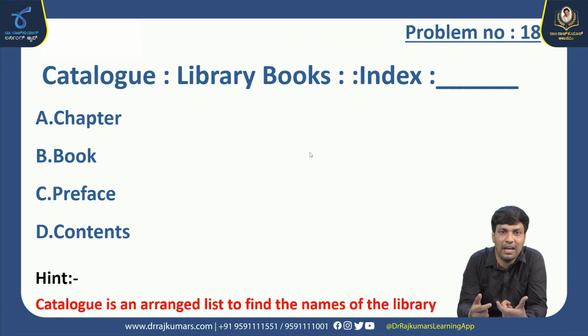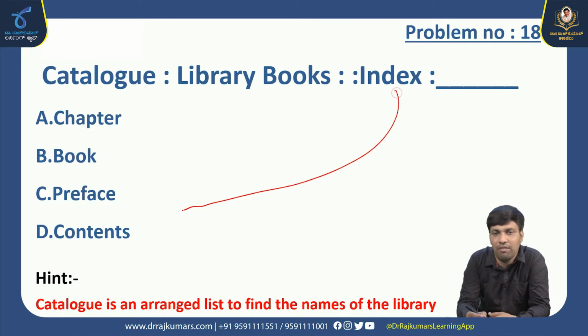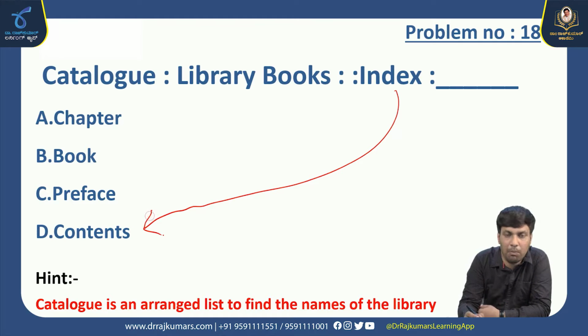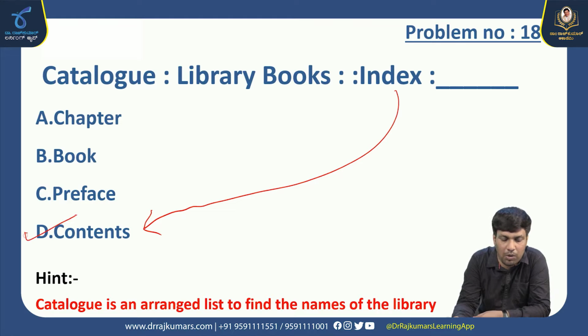In that catalog, everything will be specified about books, where they are kept and in which section. All the information will be available in a catalog. Similarly, by checking the index, we come to know what contents are available in that book. On referring to the index, we will have information about the content of the book. So the right option we followed here is option D. Moving on to our very next question.